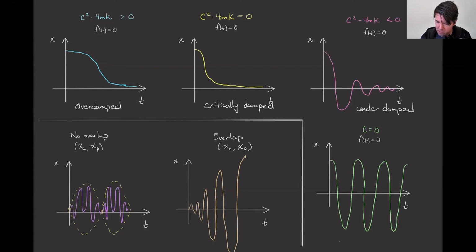Then when c is equal to 0, we have undamped. There's no damping. And finally, we've got beats and resonance. There are different types of resonance, but I'm not going to get that specific at the moment.